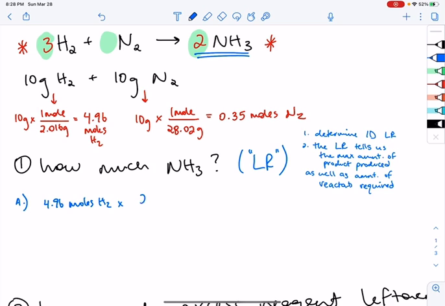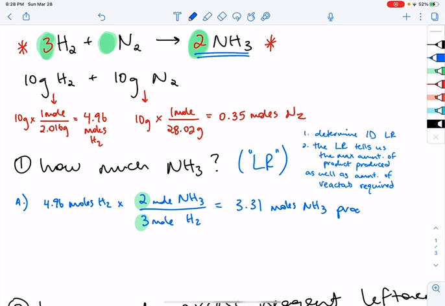So we do 2 moles NH3 for every 3 moles hydrogen. These numbers come from the stoichiometry. So 4.96 times 2 over 3 is 3.31 moles of ammonia produced.